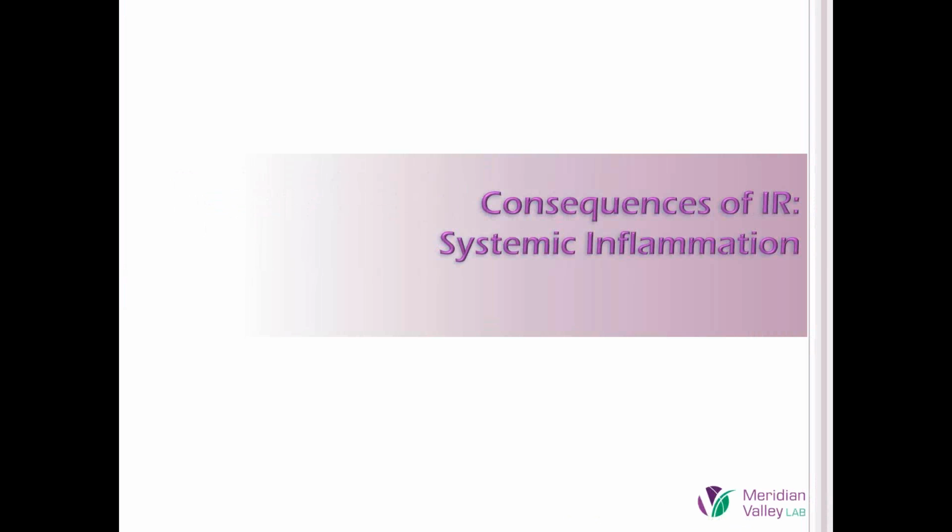Okay, we've talked about how inflammation is very much an ongoing theme that runs through all of our causes of insulin resistance. It's also a consequence. So we have inflammation begetting insulin resistance, leading to more inflammation. It's a vicious cycle.